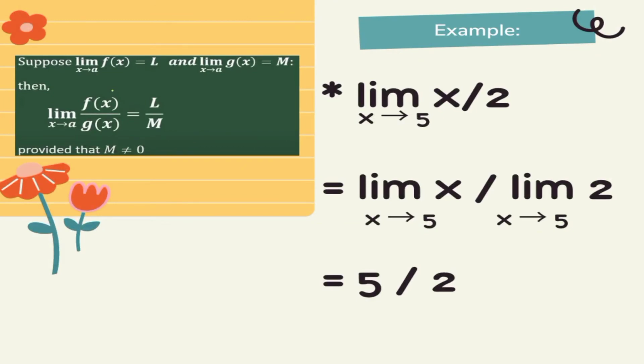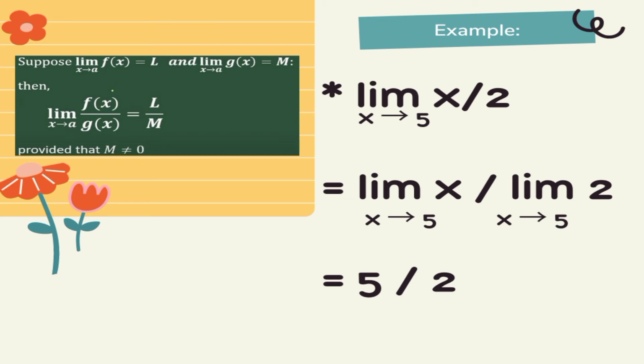So we have here the limit of x over 2 as x approaches 5. Applying theorem number 6, the quotient rule, that would be the limit of x as x approaches 5 over the limit of 2 as x approaches 5.